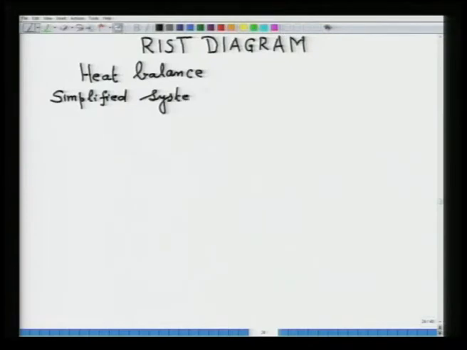By a simplified system I mean that we are not considering the iron ore in itself, or coke, or pig iron.